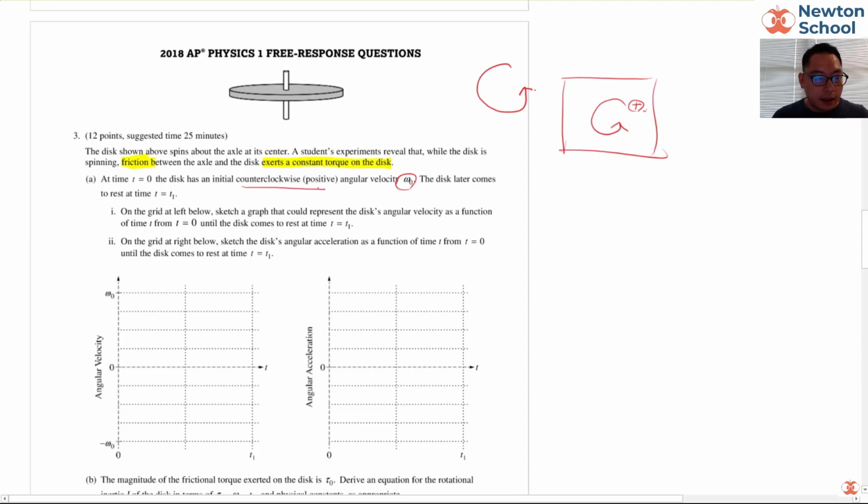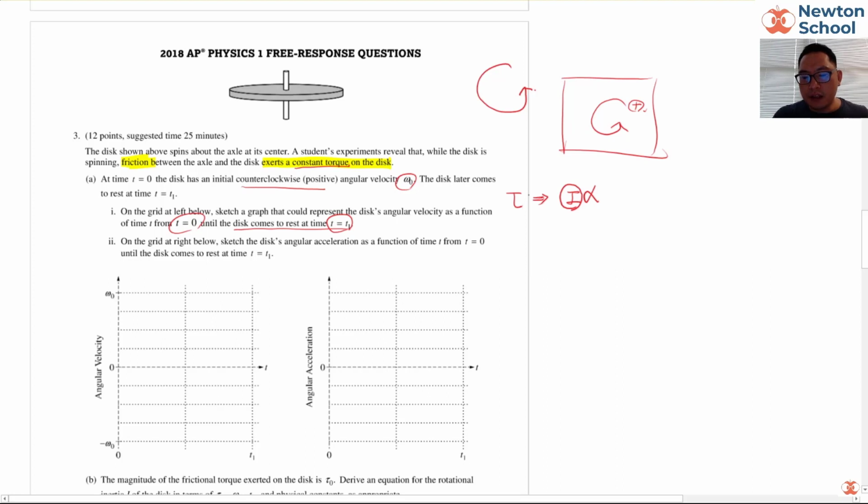All right, sketch a graph that could represent this angular velocity as a function of time from t equals 0 until it comes to rest at t equals t1. But here you have constant torque, which will be I alpha. I is the moment of inertia of the disk, which is not going to change.